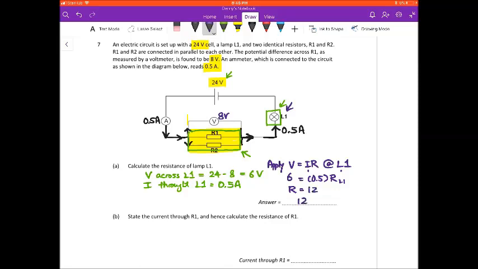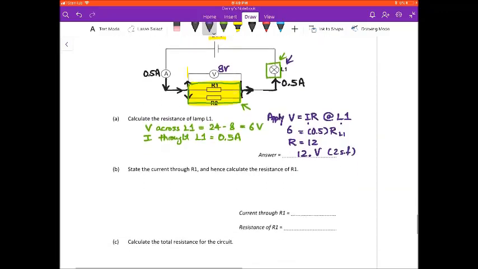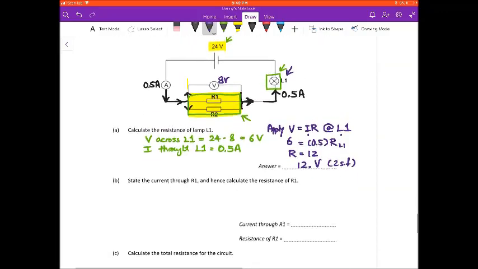So remember 3SF. But in this case, if you give 2SF, also can. So I will just leave it as 2SF. As long as you are 2 to 3SF, you are fine. But 1SF confirm wrong.